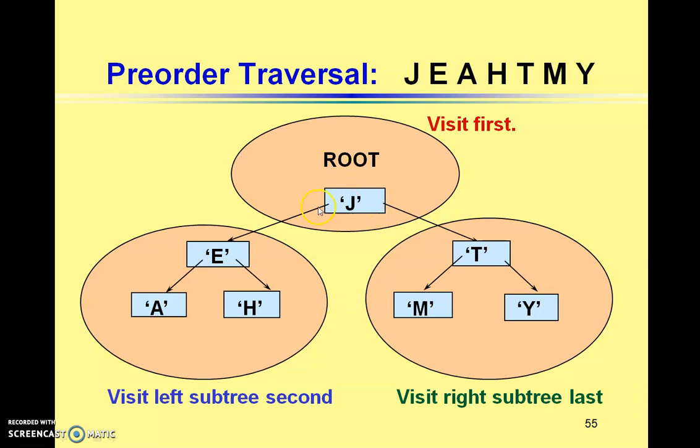So it's the root, then E, and then left and right. Pre. And then it'll go to the T, and the M, and the Y. So the parent will be looked at first for each of these. Pre-order: J, E, A, H. It's up here. Then T, then M, then Y.